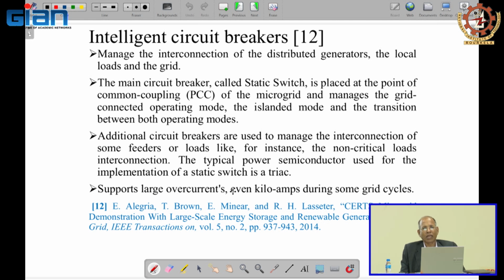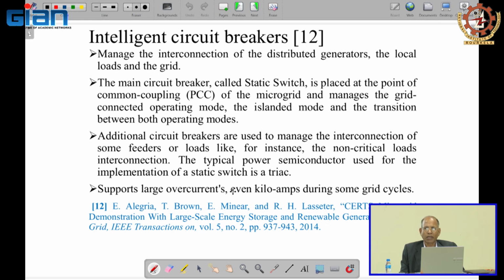Okay. Same way in hospitals, you cannot afford to have a power interruption even for a second. Even in industrial processes, we cannot afford to have a power failure for seconds.